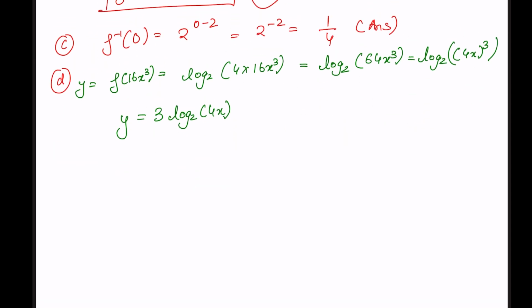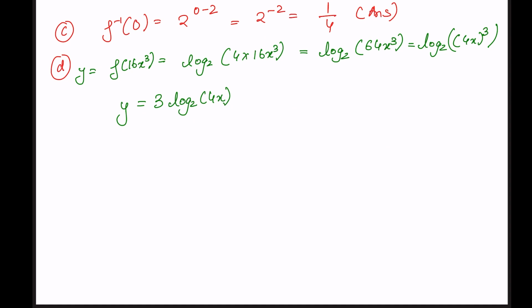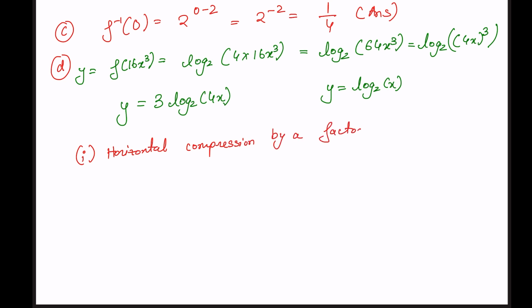Now if I apply the transformations as compared to log base 2 of x, so this is what I have to compare it with. The transformations would be, first, there is a horizontal compression by a factor of 1 by 4. This is because of the 4x term.